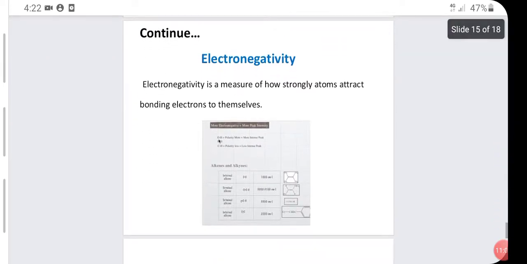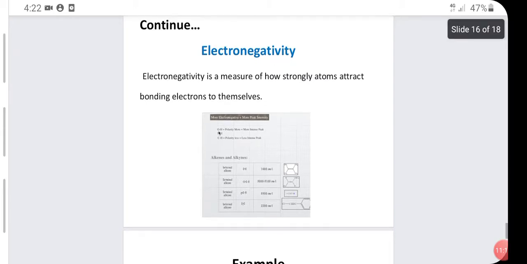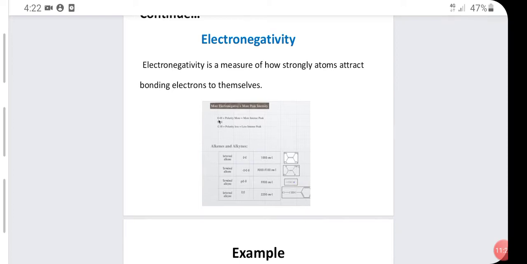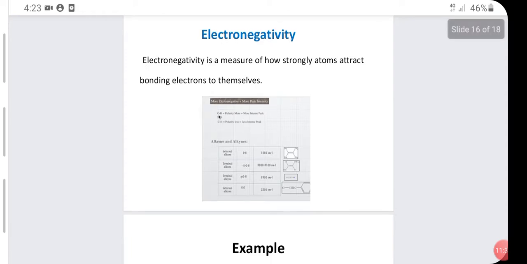The second factor of peak intensity is electronegativity. Electronegativity is a measure of how strongly atoms attract bonding electrons to themselves. Electronegativity is directly proportional to intensity of peak. If atoms are more electronegative, it means that there is more polarity and a more intense peak is formed.